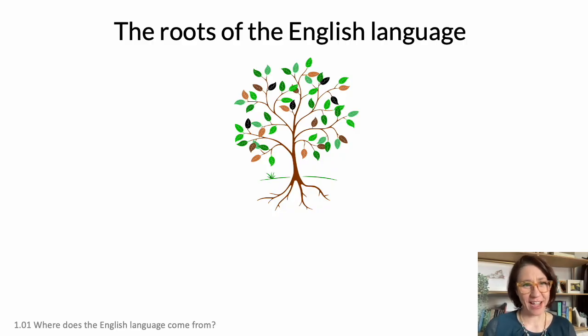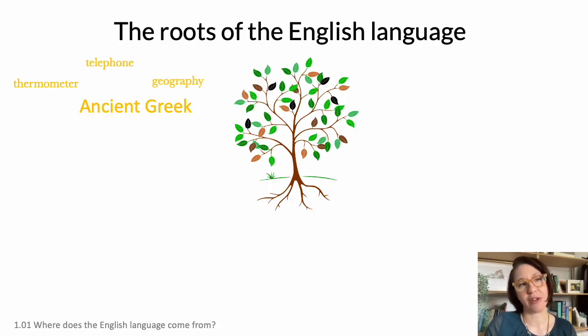The English language is a complicated thing. Not only does it have its roots in Anglo-Saxon and French, but it's also picked up even more words throughout its history through interaction with other cultures. We have some words in English that come to us from ancient Greek through the scientific revolution round about the 17th century onwards. So when new scientific phenomena were being discovered or when new inventions were being created.